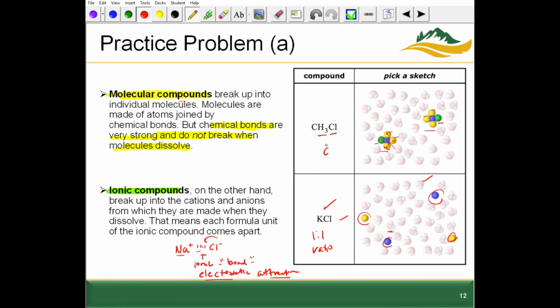But for a molecular compound, it's not ionic bonds holding this together, it's actual covalent bonds, which are real bonds between these atoms. We'll come back to structures and bonding later on in the semester.